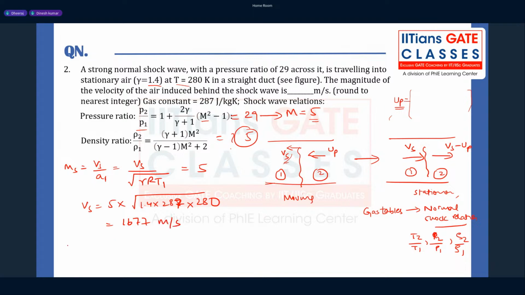And from continuity, that is rho 1 u1 equals rho 2 u2, I'm putting this in the equation, this terminology. So I'll be getting rho 2 into Vs minus Up.